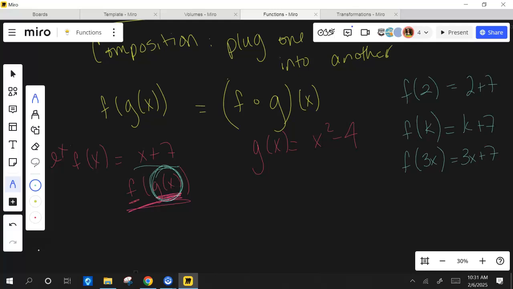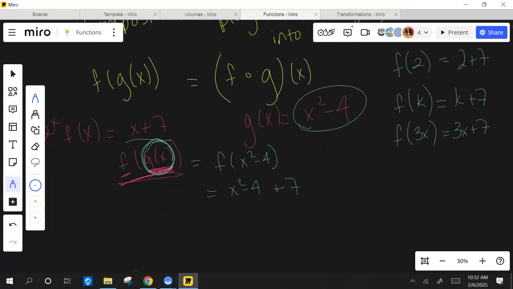So what is g? G is x squared minus 4. So this is going to be f of x squared minus 4, which is x squared minus 4 plus 7. Do y'all remember composition now? And so I can do f of g of x.